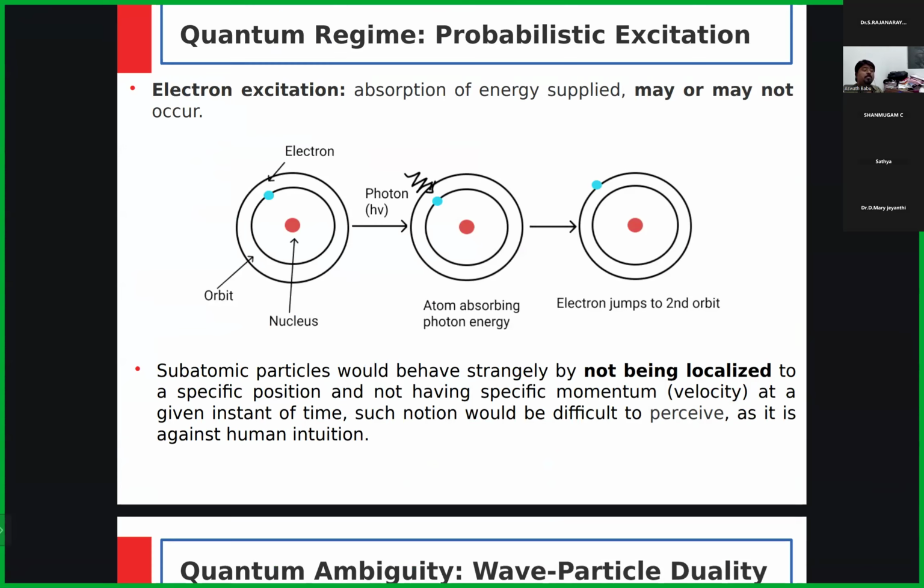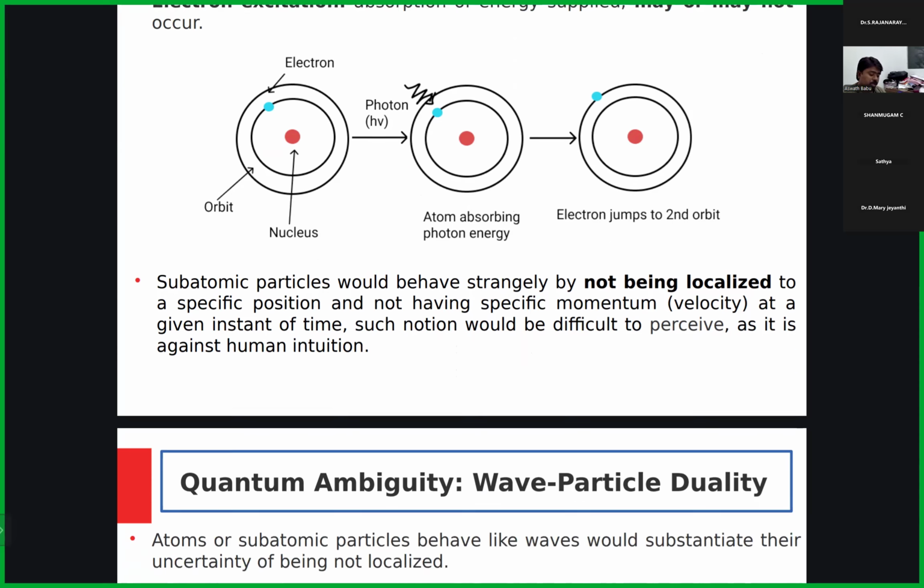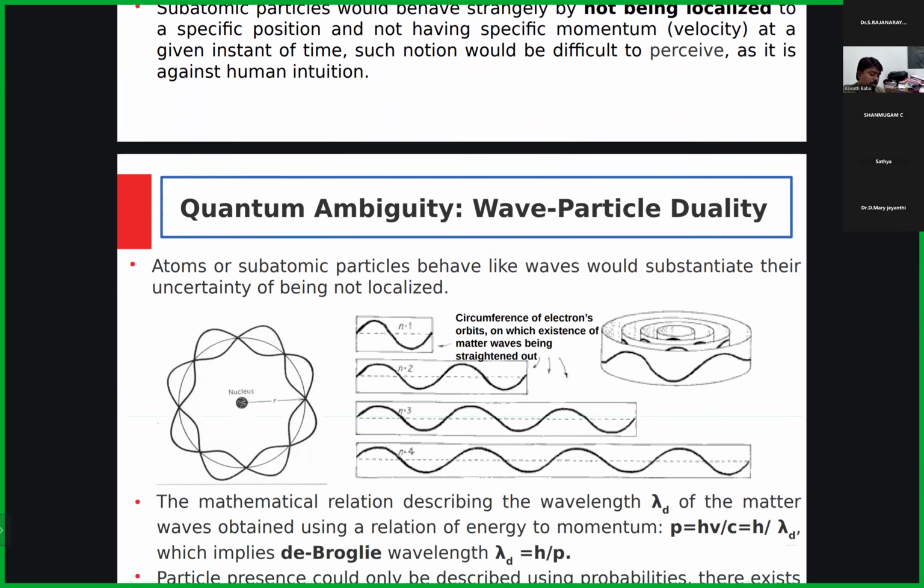It is probabilistic in nature. Probabilistic means if I supply a photon and the electron is in the ground state of an orbit, it might absorb or it may not. If I perform the experiment several hundred times, out of 100 times, sometimes it absorbs, sometimes it doesn't. So we can say that it is existing in a superposition of absorption and non-absorption.